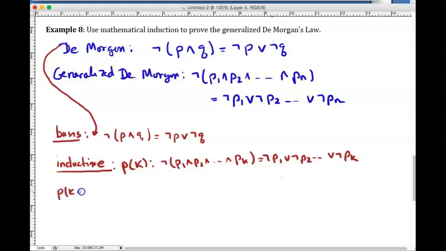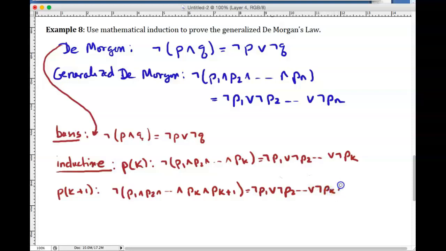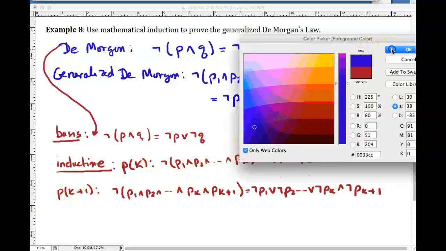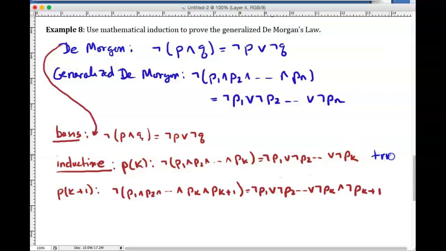And our Pk+1 statement that we're trying to show is that the negation of (P1 and P2 and Pk, with the addition of another statement Pk+1) is going to be not P1 or not P2 or not Pk or not Pk+1. Again, this is assumed to be true, and we're going to show that this is questionable until we show that it's correct. All right, so substitution again.